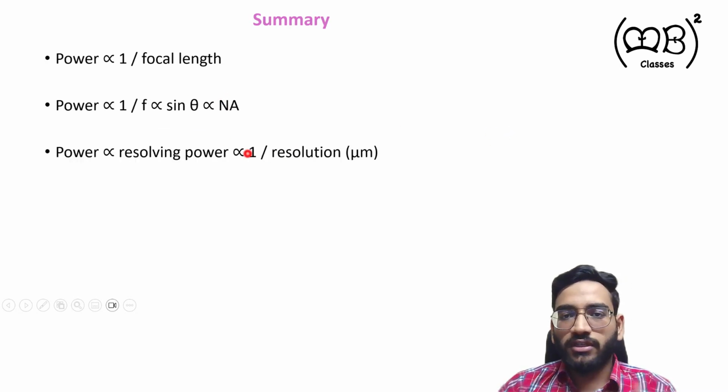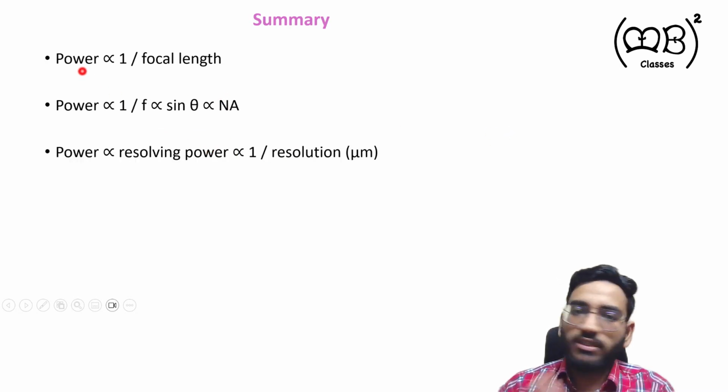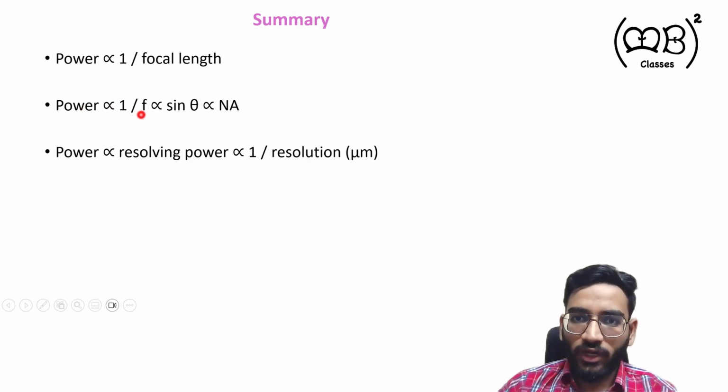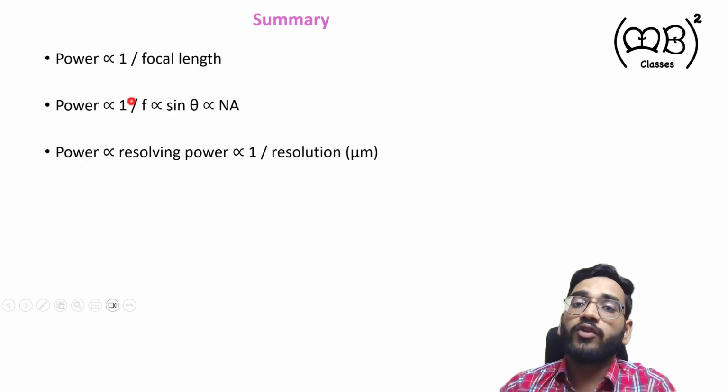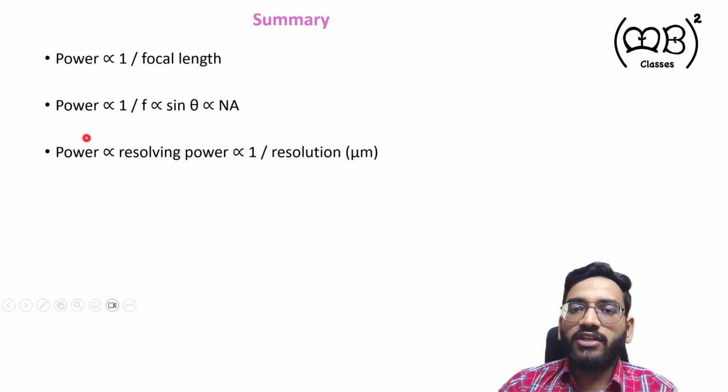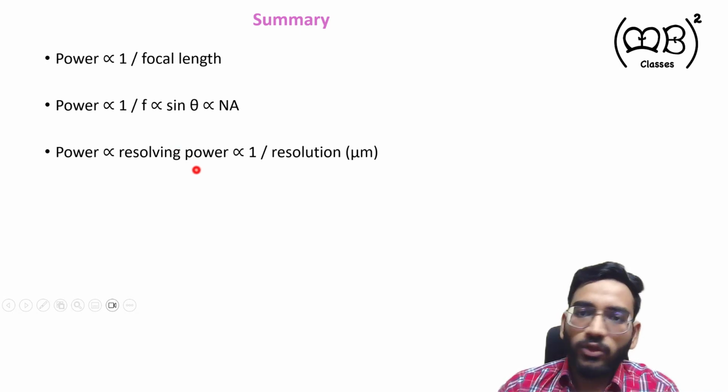Now we have discussed some of these things. Power is inversely proportional to the focal length. The more the power of the objective lens, the less the focal length. Then we saw that the lesser the focal length, the more the theta and the more the numerical aperture. So more power, more numerical aperture, and power is also proportional to resolving power. Resolving power is the ability of a lens to resolve two objects which are close to each other.